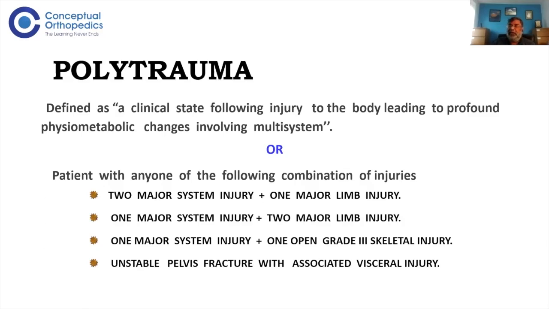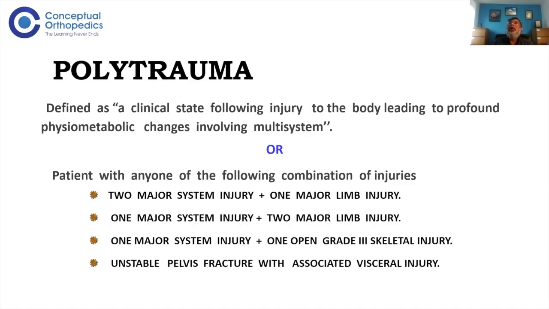In fact, there was an international consensus meeting in Berlin to define polytrauma, and they came up with the idea of an AIS of two regions, with some physiological scoring added. But even after that, a lot of research and papers have been published, and we don't agree with that definition.